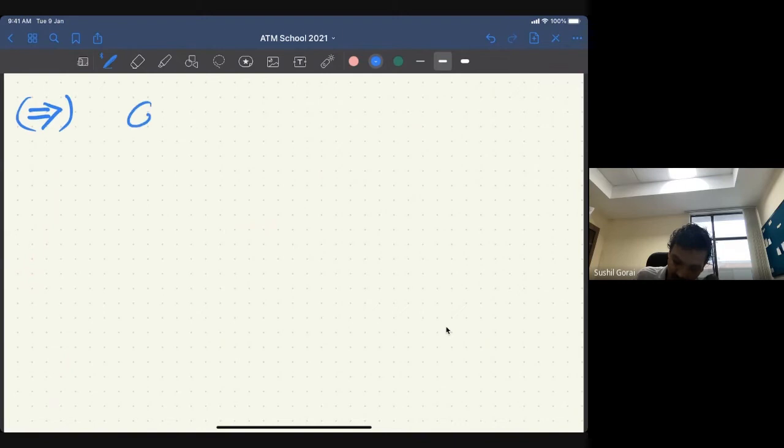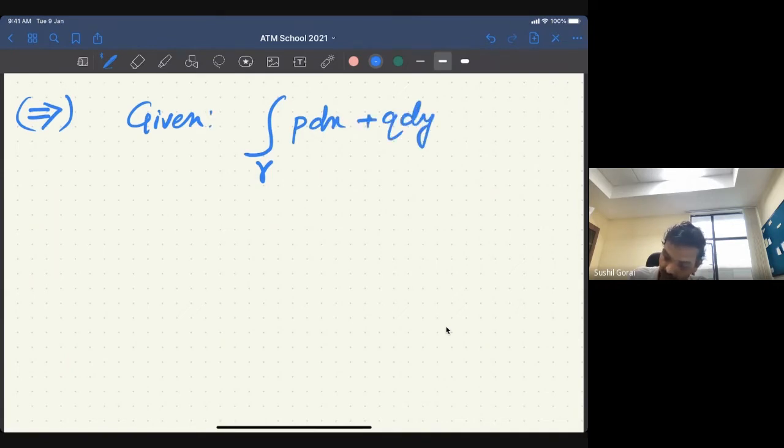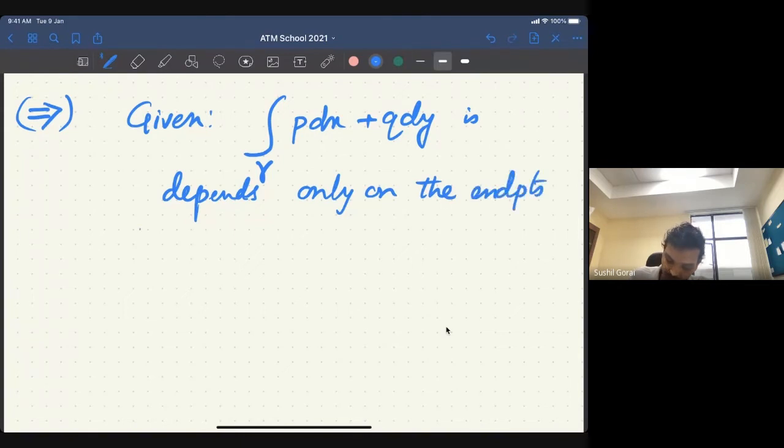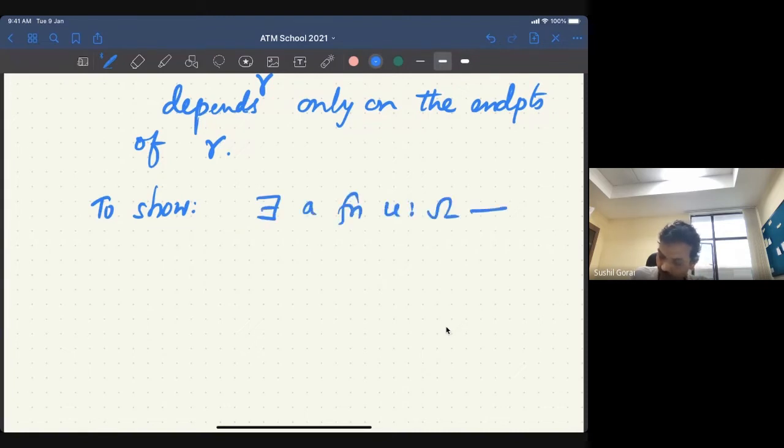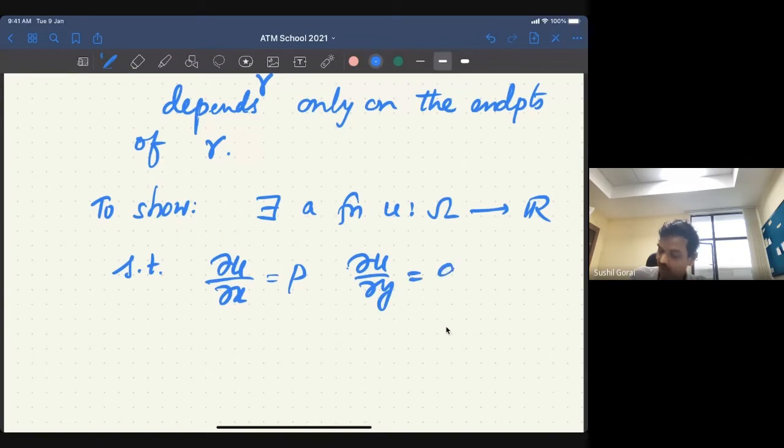Here, given that the integral over gamma of p dx plus q dy depends only on the endpoints of gamma, we need to show there exists a function u from omega to R such that del u by del x is p and del u by del y is q on the whole of omega.